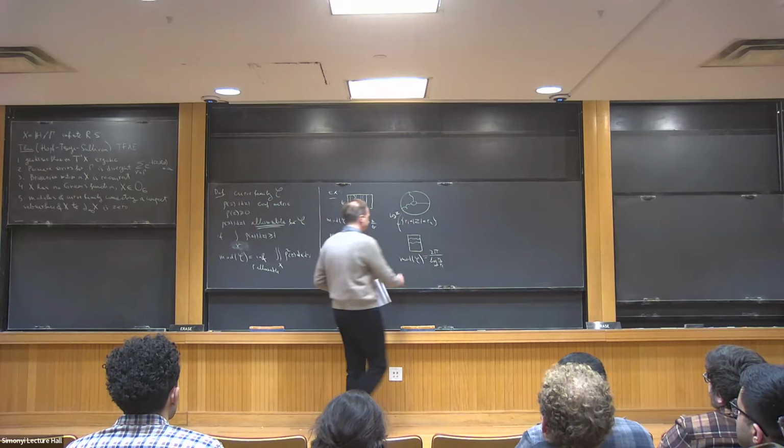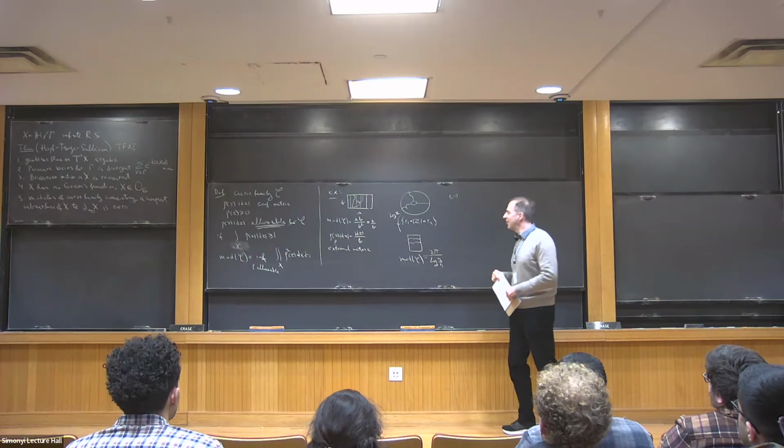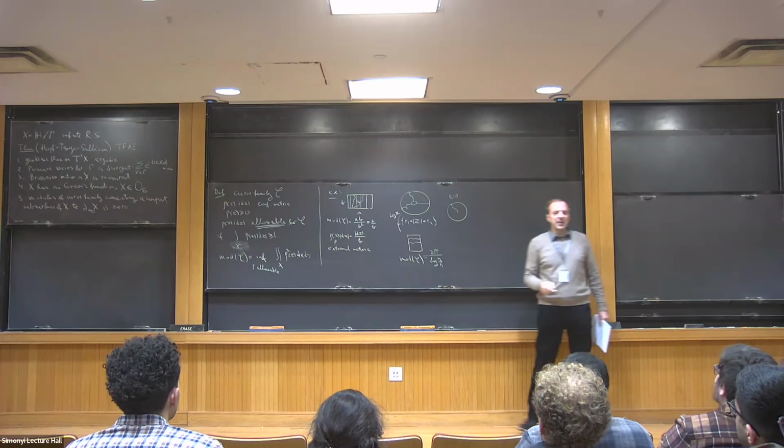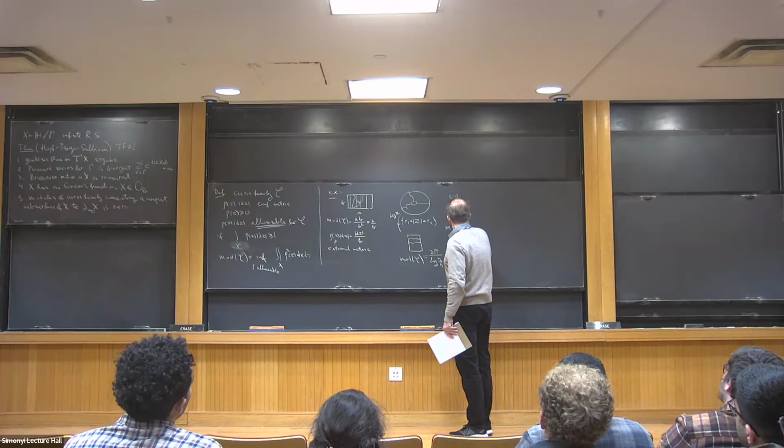And notice that if R1 is 0, then you are actually connecting the boundary to a single point. And in that case, the modulus of this curve family is 0.